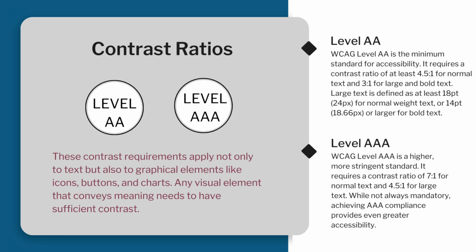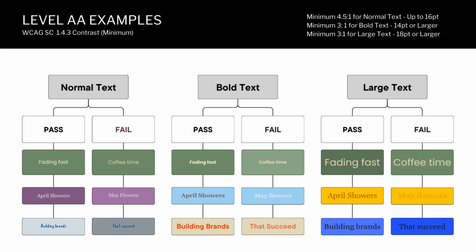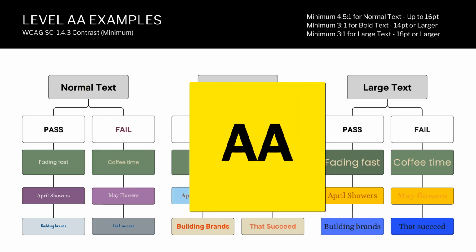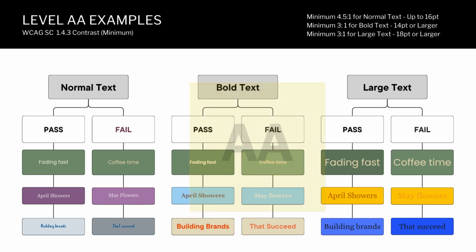All right, these next 2 slides, this is your chance to maybe take a screenshot and save just for future reference as you're learning and getting this color contrast guideline to become habit for you. This first slide is showing level AA examples. For the WCAG, this is success criteria.